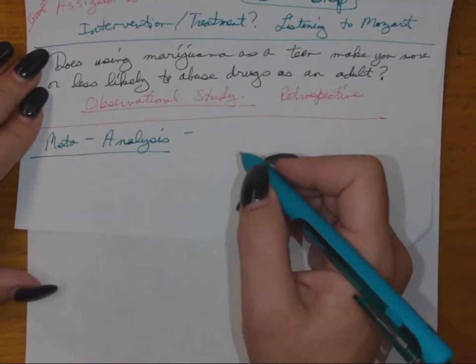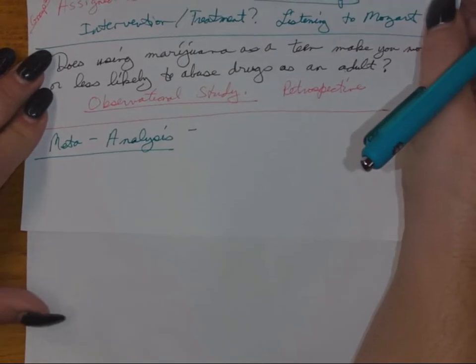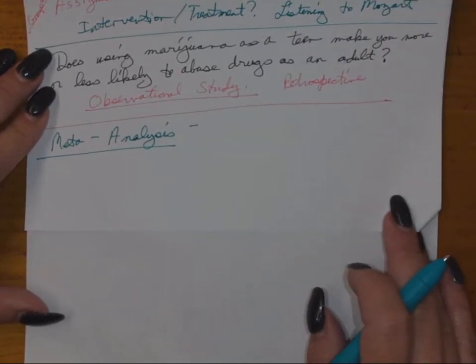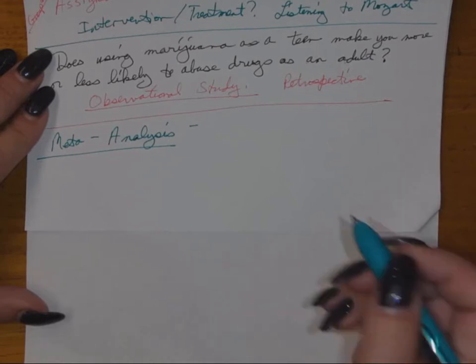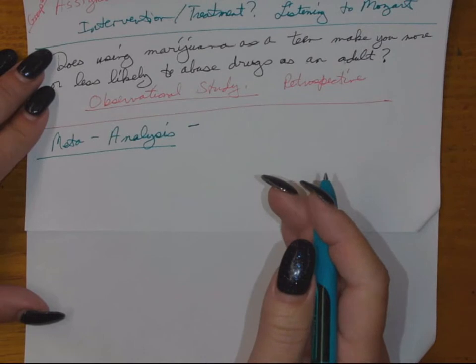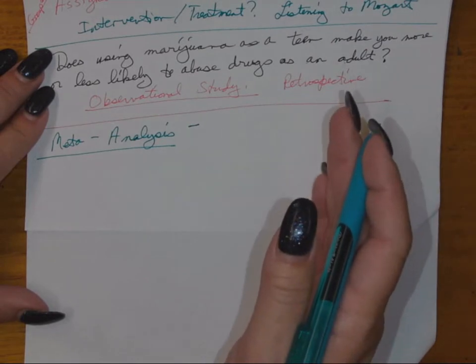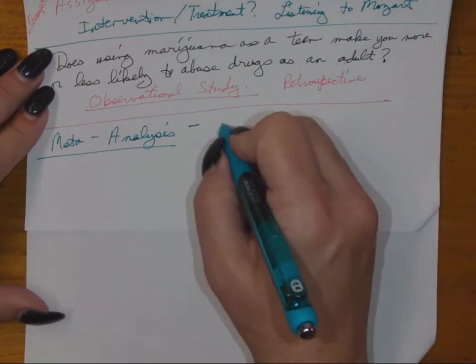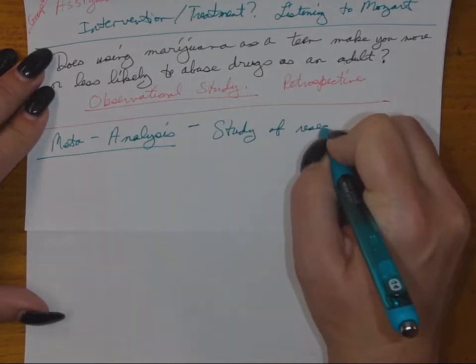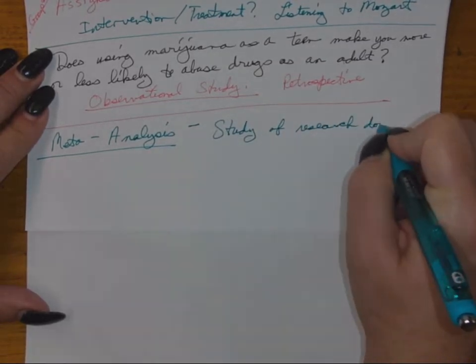Sometimes you don't have to do all the research yourself. Sometimes what I'll do is go back and research studies that have already been done. So a meta-analysis is a study of research done in the past.